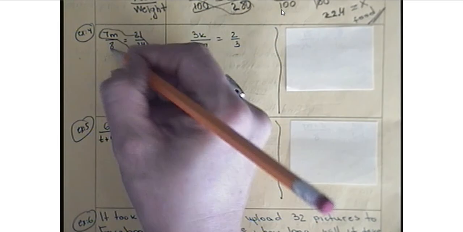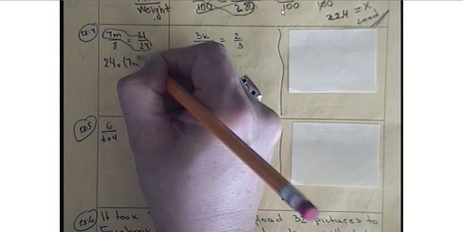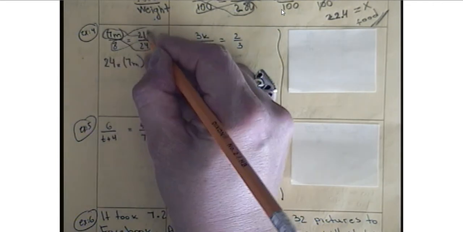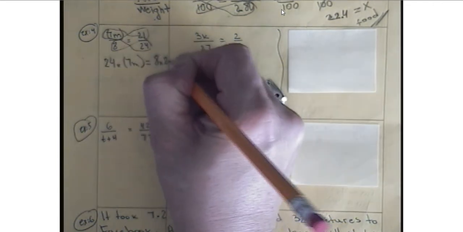So we have 24 times 7m. This will be one thing, that's why I put the parentheses, is equal to, and then we multiply 8 times 21.